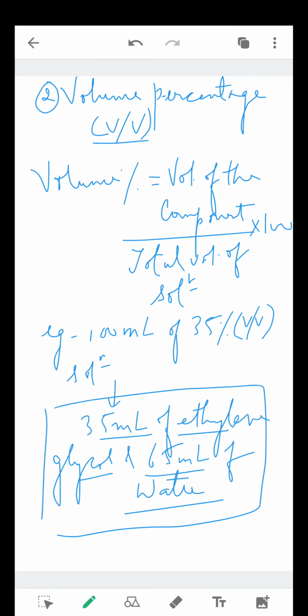This solution is used as an antifreeze in cars for proper working of the engine during cold weather. At this concentration, the antifreeze lowers the freezing point of water to minus 17.6 degree centigrade. So this was all about volume percentage.